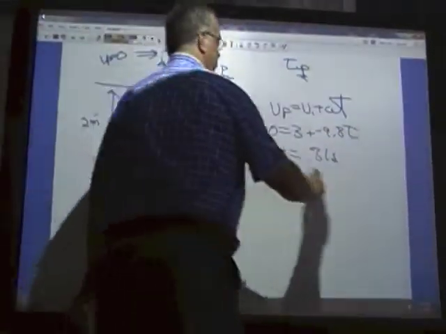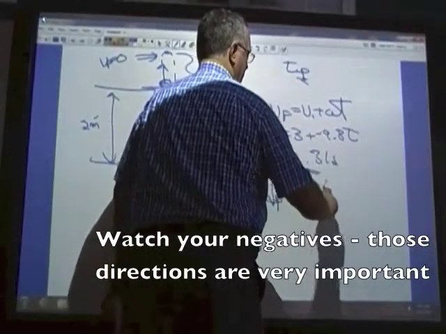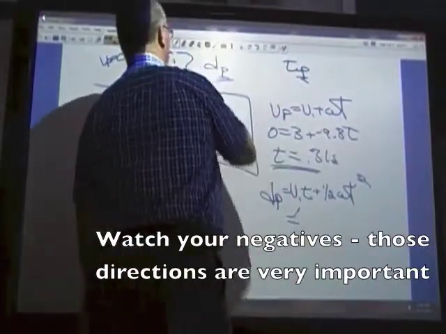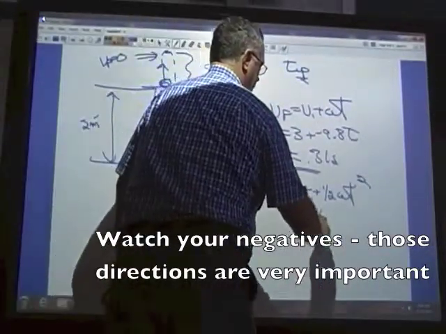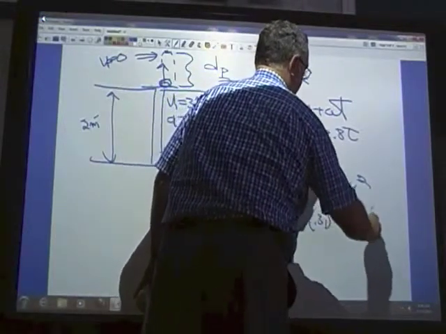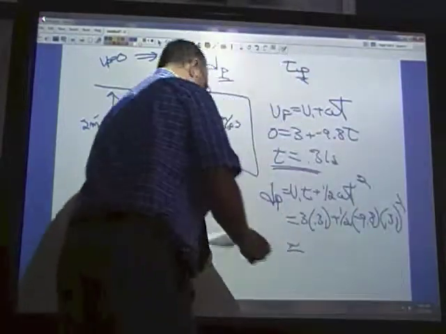And what is d peak going to be? Three times 0.31 plus 1/2 times minus 9.8 times 0.31 squared. So how high does it rise?